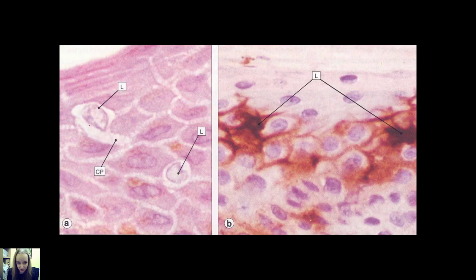This is a picture of a Langerhans cell. It's labeled with L. This is the epidermis right here, and Langerhans cells are antigen presenting cells in the epidermis. This is some kind of special staining, so you can see the processes.